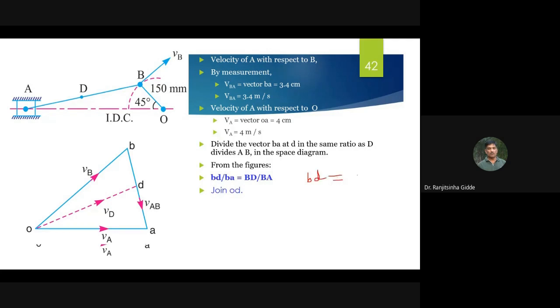So BD is equal to 1.7 centimeter with respect to this answer. Okay. So those who are getting 3.6, it is 1.8. Okay.